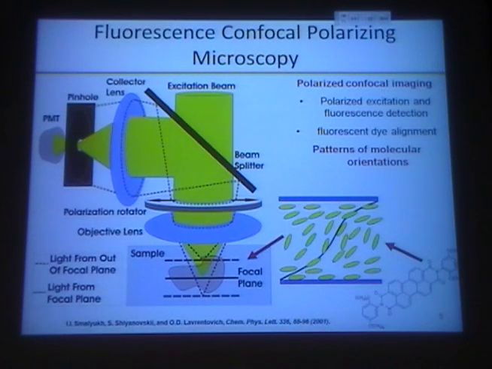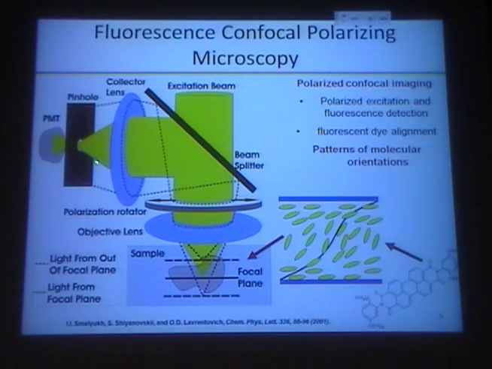And this pinhole plays a very important role here because it allows us to reject all light that comes from above and below the focal plane, right? That's why we call this technique, which originally was introduced some 60 years ago or so, confocal microscopy, right?